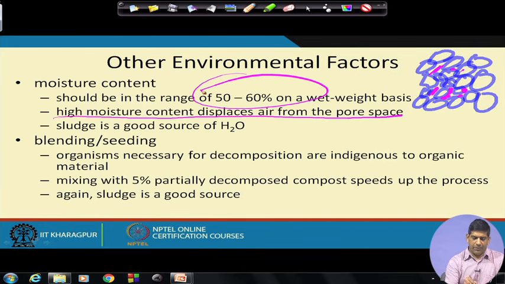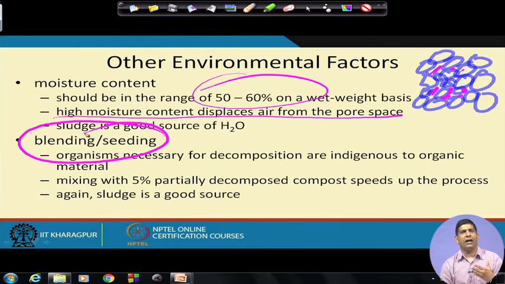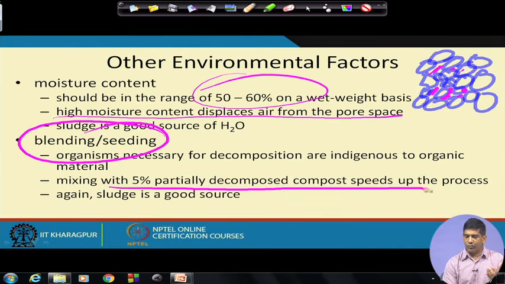Then you may do some blending and seeding. Blending means adding organisms where they are necessary. If you don't have them, what we do is mix in 5% of partially decomposed compost. It has a good population of bacteria present. So we take that 5% partially degraded compost and mix it at the front.